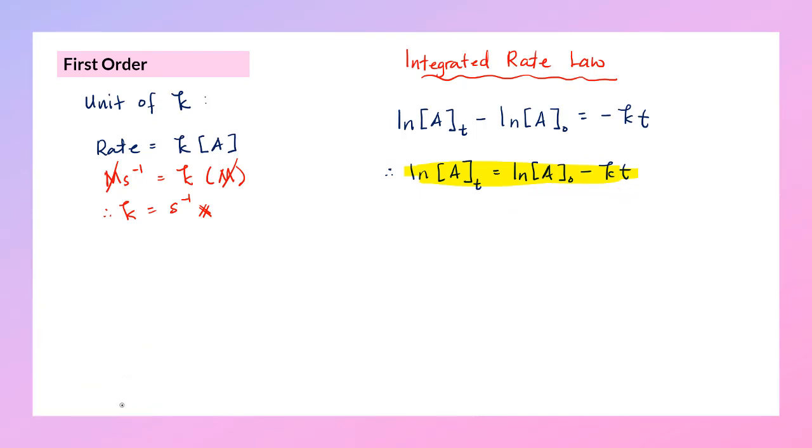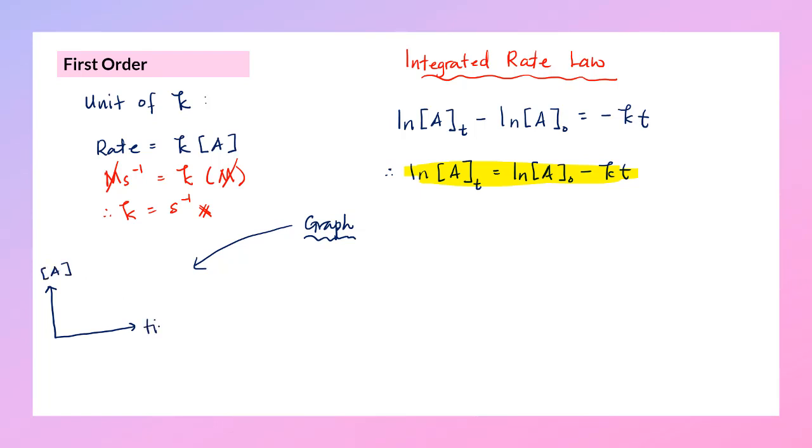Alright, the graphs from the integrated rate law. For a first order reaction, there are a few graphs here. First, the graph for concentration of A against time.